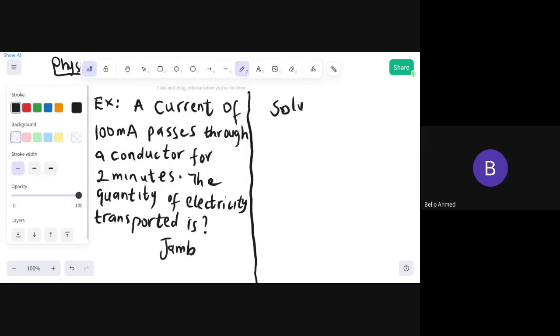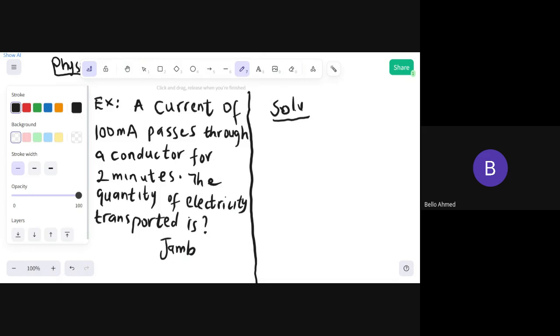Now, what I want you to remember is that please always write out your parameters. In one of the videos that I've dropped, I've actually explained something about current. That is, what is the formula for current?